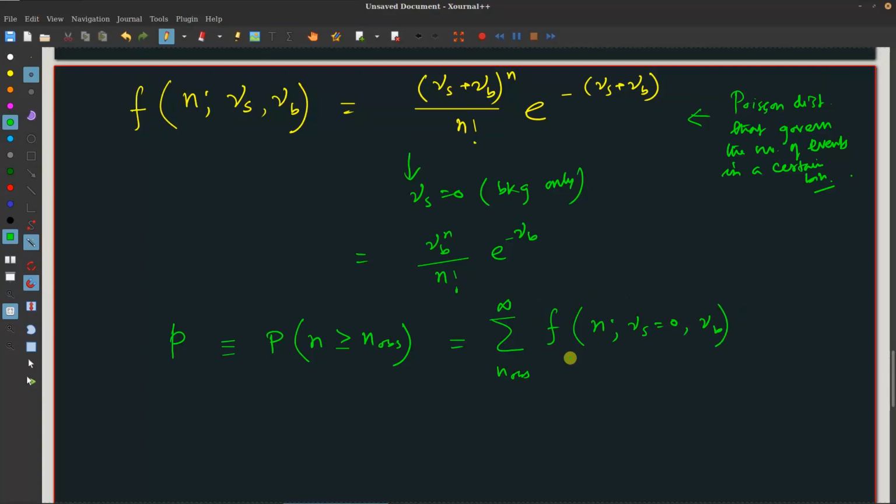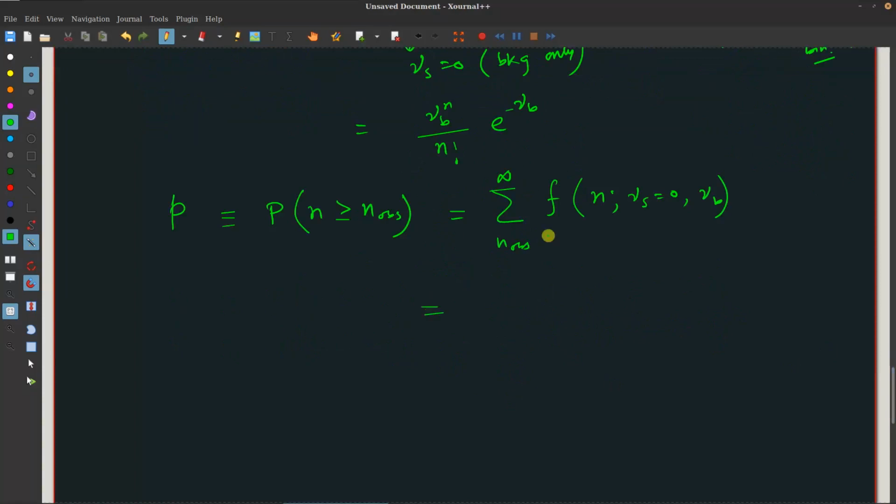Okay, now if you plug in the number, you actually take the complement of this distribution. Since the total sum is 1, you can write it as 1 minus the sum from n equals 0 to n observed of f(n | nu s equals 0, nu b). Okay.